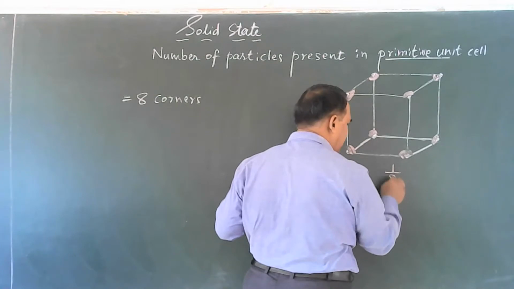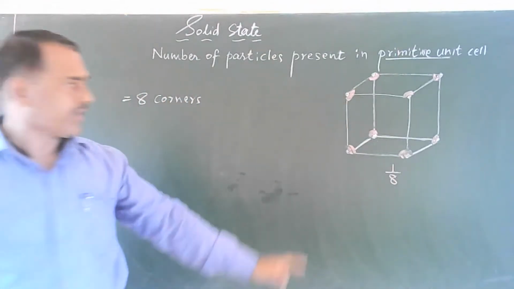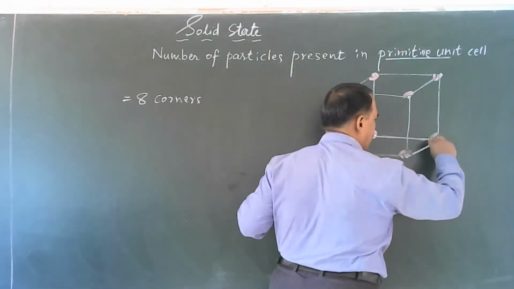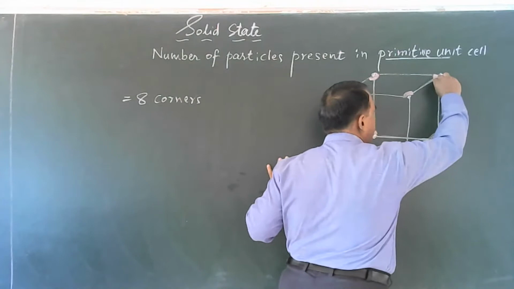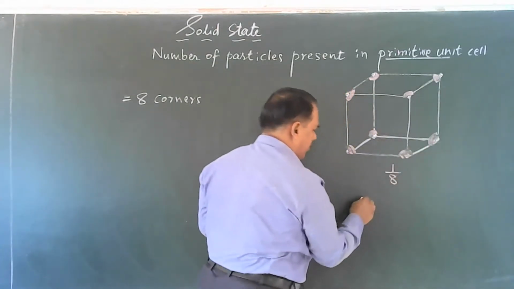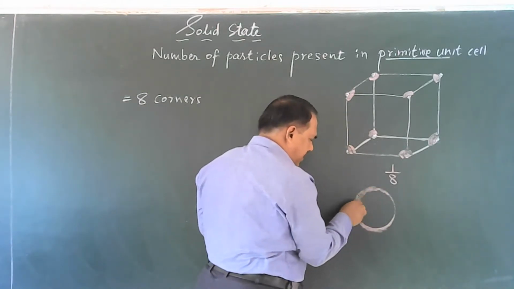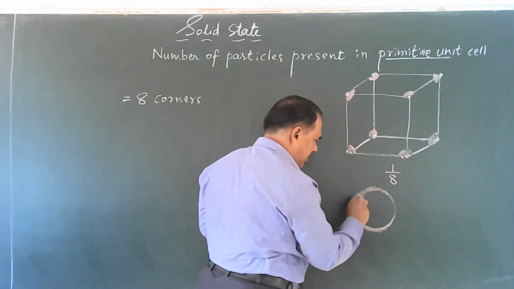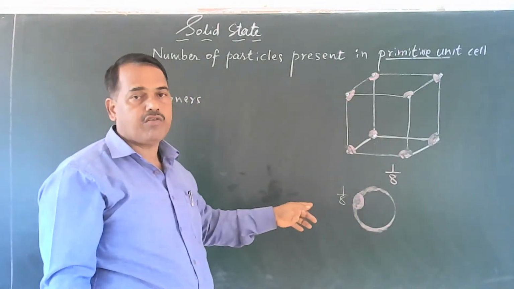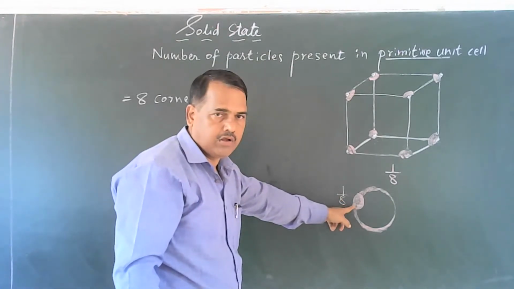How much? It is 1 by 8. The contribution at the corner is only 1 by 8 part. Actually, in order to get a sphere like this, only 1 by 8 part is contributed at the corner.